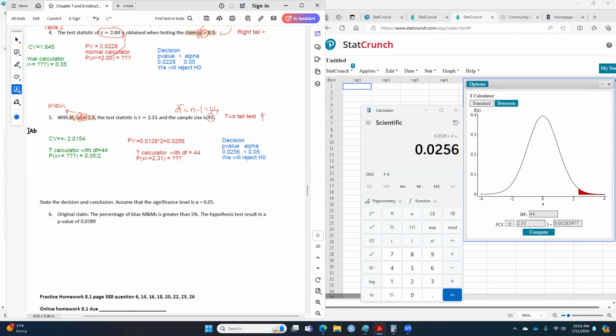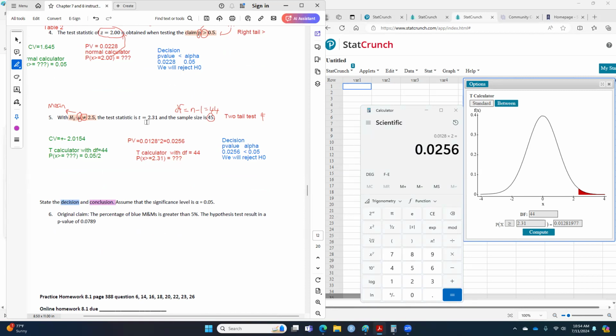The last part that we do here in question 6 is to make a decision and a conclusion. This question wants us to do 2 things, decision and conclusion. Decision is what we just did over here. If your p-value is less than alpha, we reject. If greater than alpha, we fail to reject.